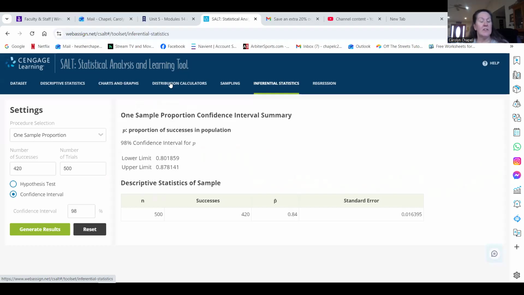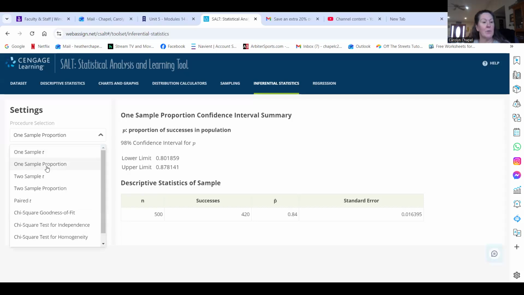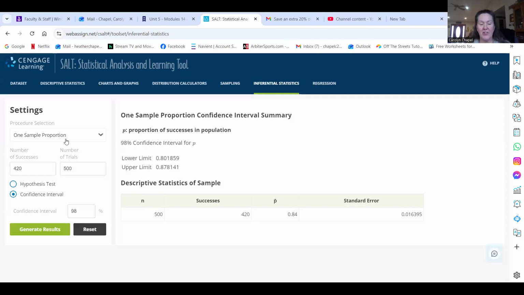We could go into the distribution calculator, although doing the inferential statistics is much faster. Again, in the inferential statistics, we want to use the one sample proportion because we are talking about finding a confidence interval for the true proportion p.